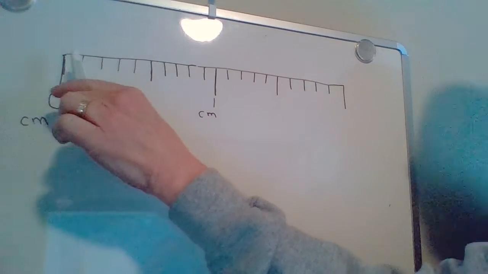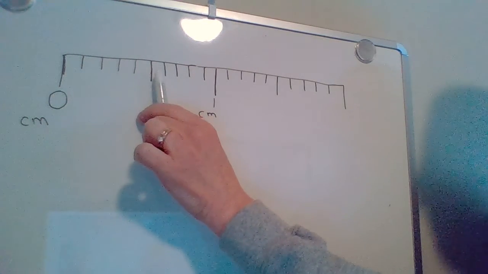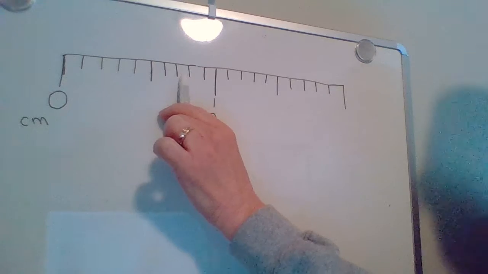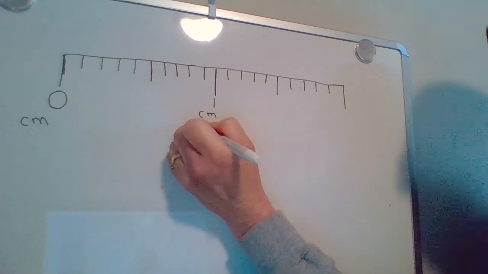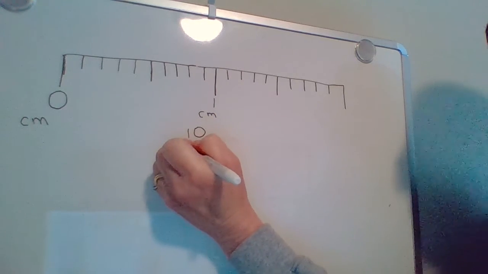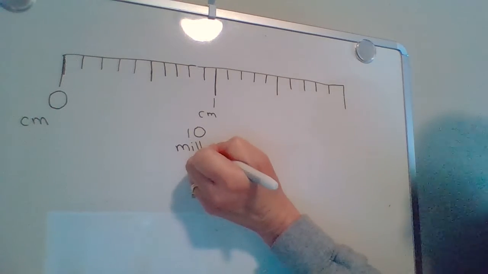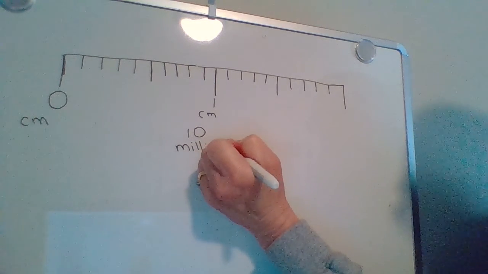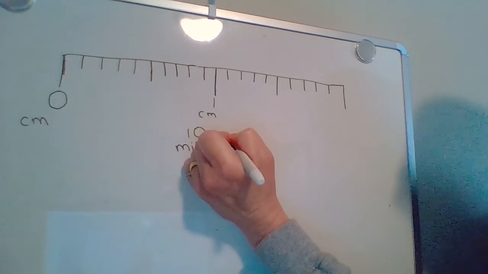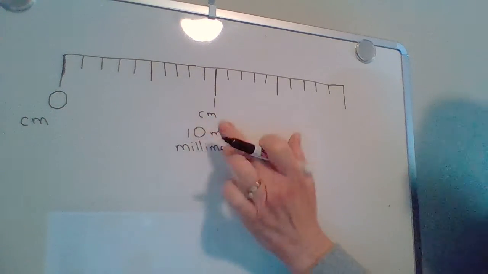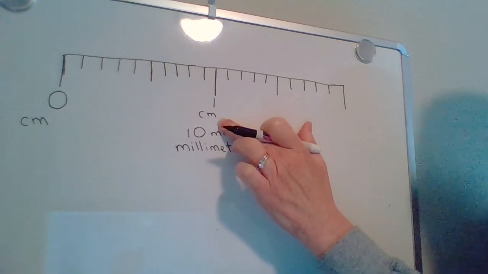So let's try that again. 1, 2, 3, 4, 5, 6, 7, 8, 9, 10. It took us 10 millimeters, and we write mm for short, okay? So 10 millimeters is the same as 1 centimeter.